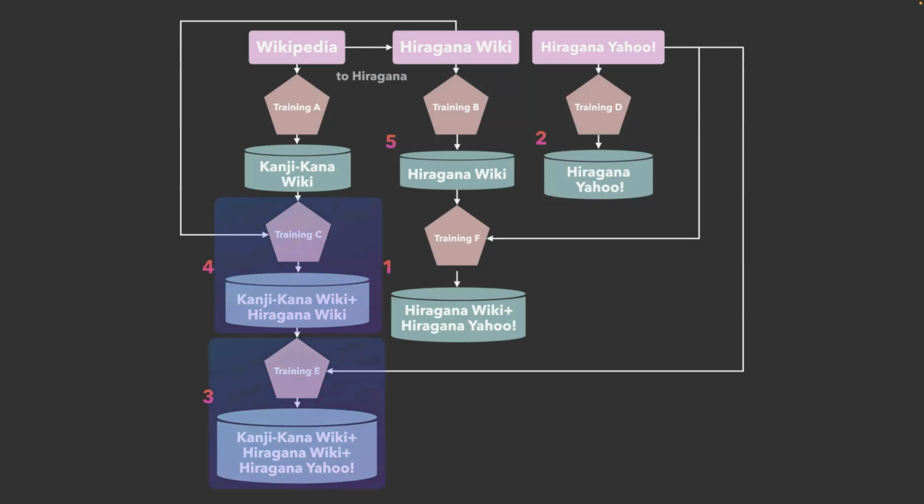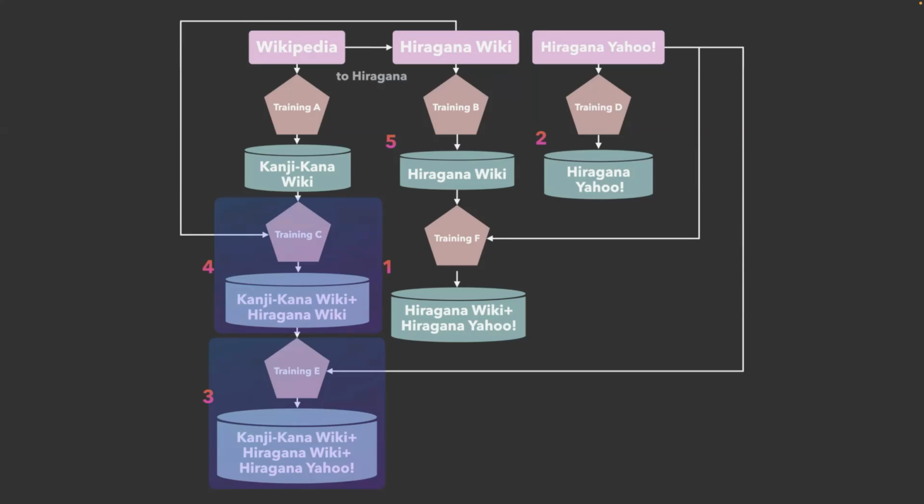And between the Kanji Kana Wiki plus Hiragana Wiki model and the Kanji Kana Wiki plus Hiragana Wiki plus Hiragana Yahoo model, the latter, on the right side, was more accurate.